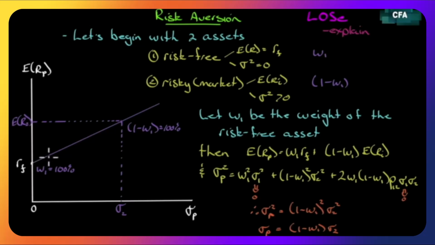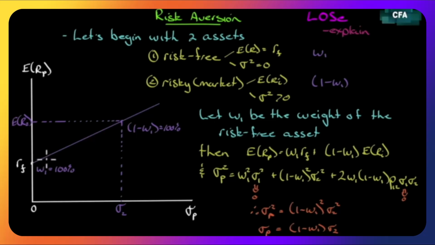All along here is a trade-off between risk and return. These are different weightings. This is weighting 0 or 100% in the risk-free asset, 0% in the risky asset. This is the other extreme. All along here are portfolios that we can choose that are a trade-off between risk and return based on the weighting we start applying to the risky asset until we're all in on the risky asset.